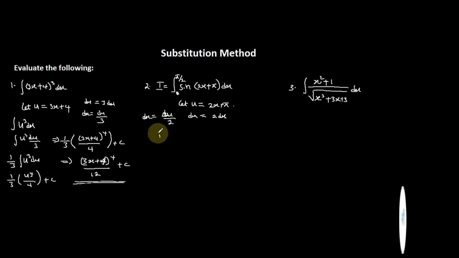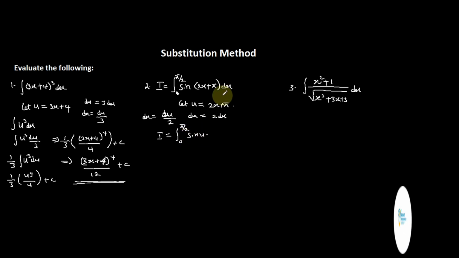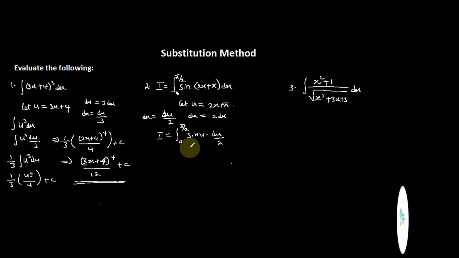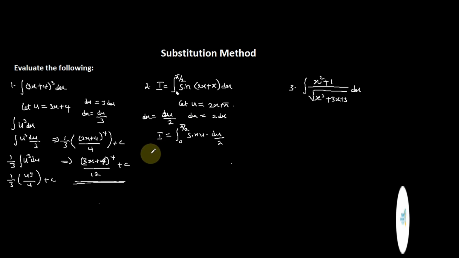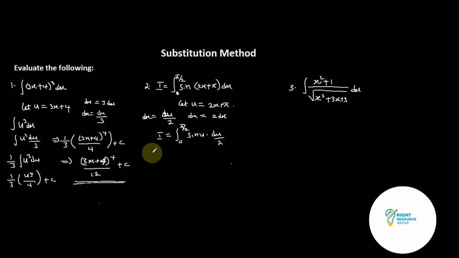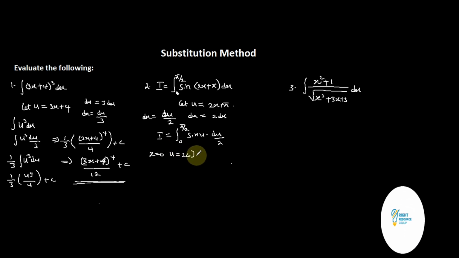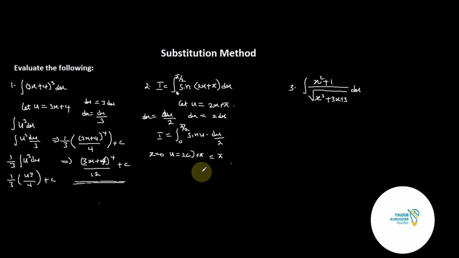So that means this I now will be equal to the integral from 0 to pi over 2, and we'll now have sine u. And instead of having dx now, we are going to have du over 2. So since we are solving this in terms of u now, we are going to change our limits. When x is equal to 0, the lower limit, u is equal to 2 multiplied by 0 plus pi, which is pi.